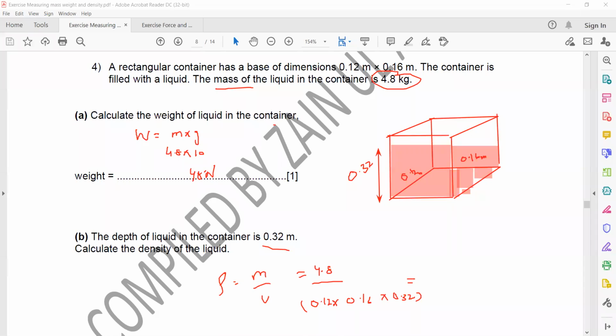So first multiply the length, width and height. Instead of doing all together, it's better you solve step by step. So how to solve step by step? You should multiply first the 0.12 with 0.16 with 0.32. So that will give you the volume.